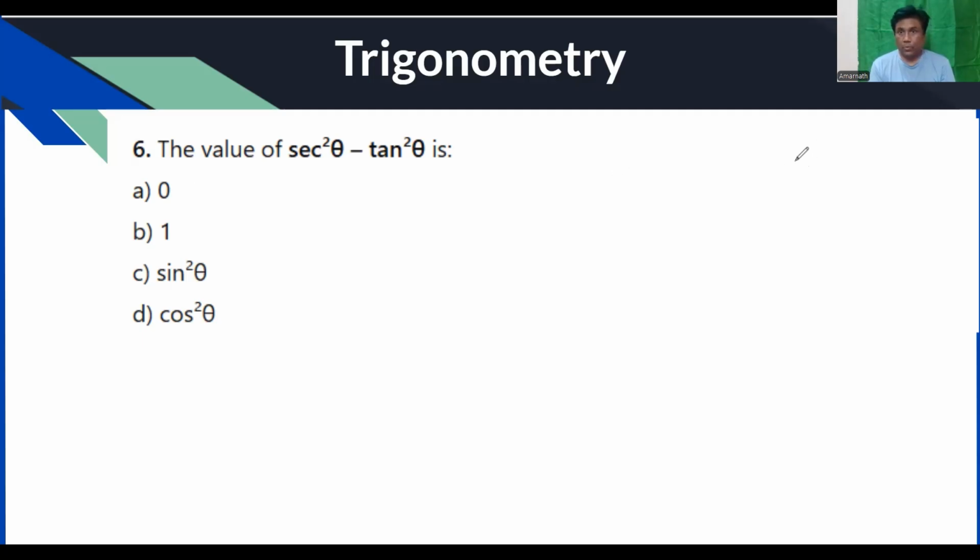Actually, what we know is 1 plus tan square theta is sec square theta. That is our previous understanding. So here in this question, sec square theta minus tan square theta is equal to, in place of sec square theta, you please put 1 plus tan square theta.